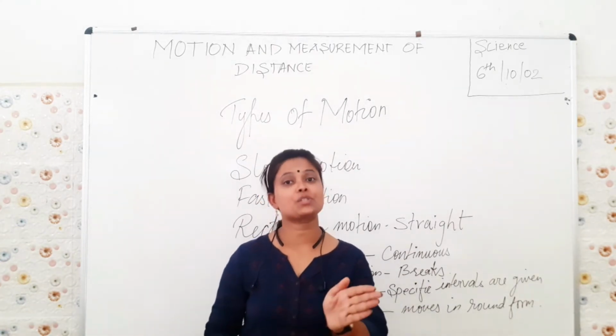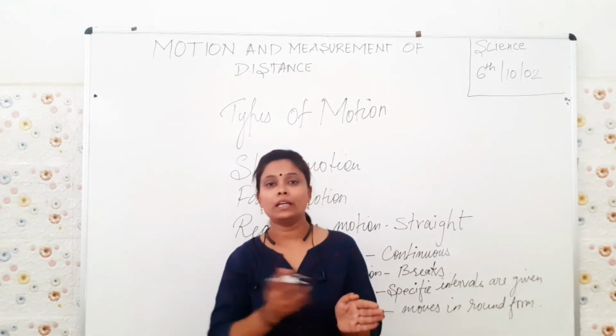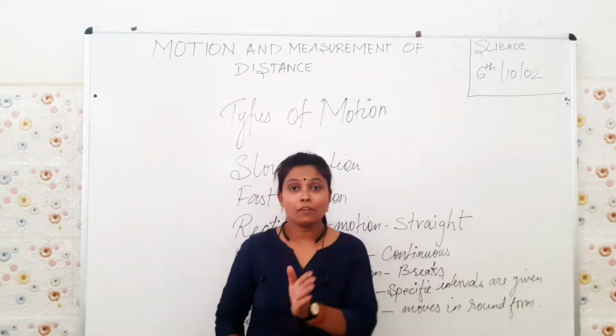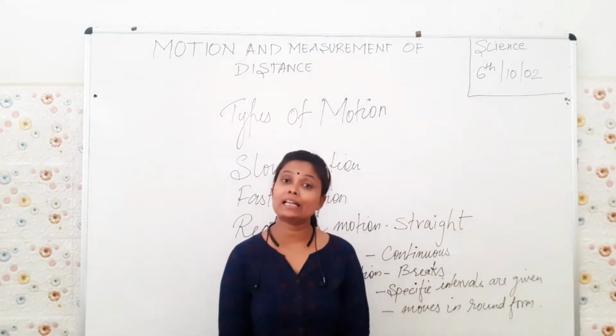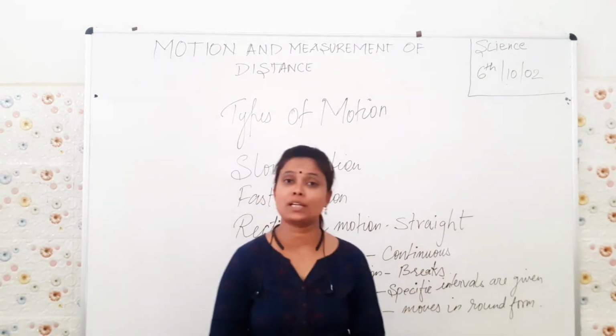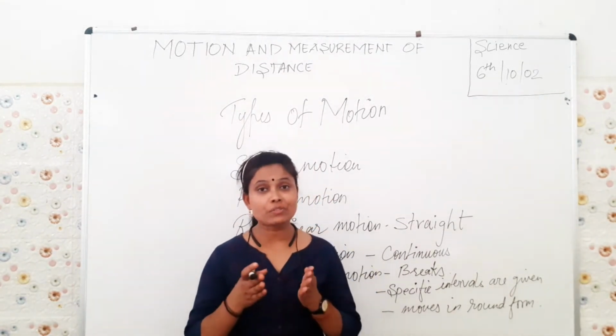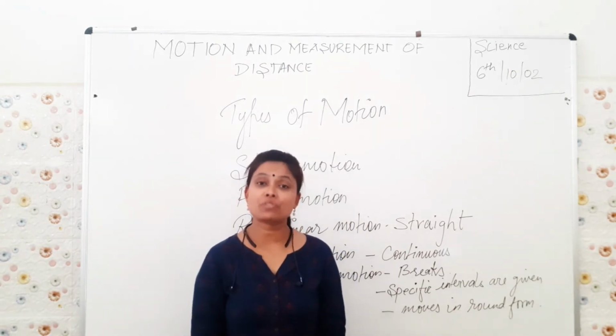It changes its routes, but not in a circular form or zigzag every time. It always goes in a straight line. So rectilinear motion is the motion which goes straight, and the best example is a train.